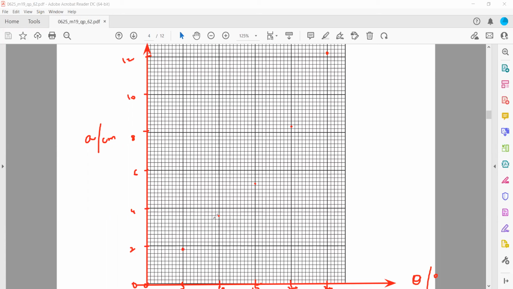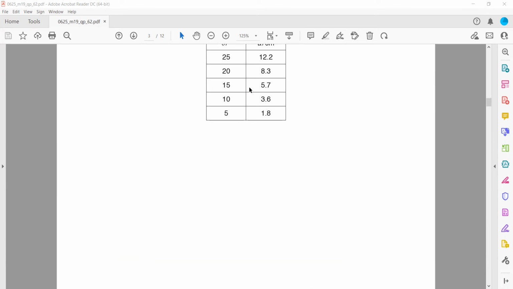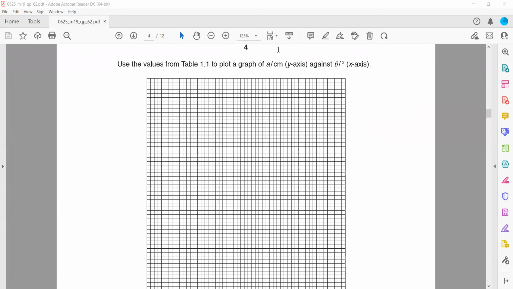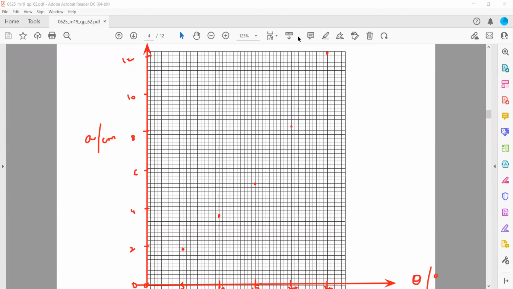So 5 and 1.8, 10 and 3.6, 15 and 5.7. 15 and the last value was 5.7. So 15 and 5.7, it should be somewhat here.